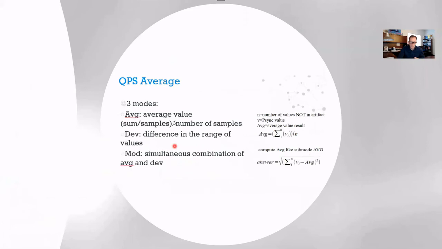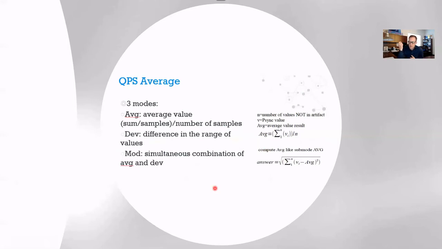So the primary mechanism is what's called QPS average. This is the statistical calculation that basically averages the shared coherences at each of the 4 sites. And we've developed 3 other modes as well. QPS deviation measures the difference between the 4 sites.